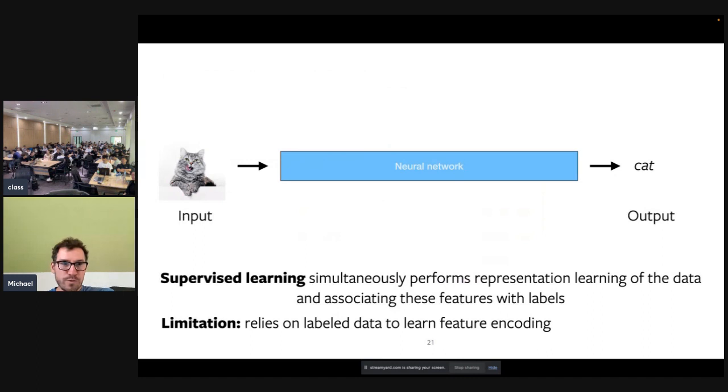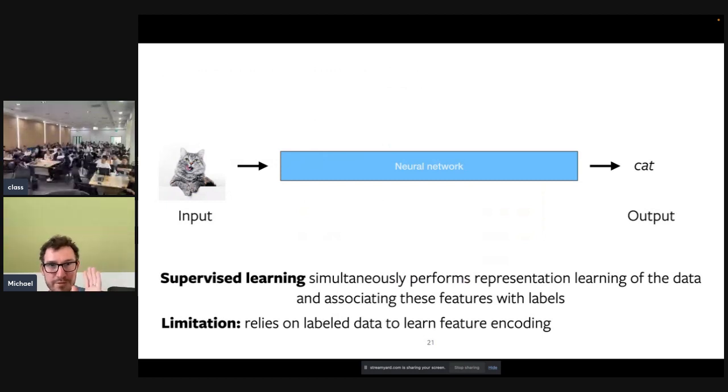So one way to think about supervised and self-supervised learning is that in supervised learning, we're trying to do two things at the same time. We try to simultaneously learn how the data looks, so how the input looks, how cat pictures or pictures in general look, and try to associate any kind of representation, and by that I mean the activations in a neural network, with a particular output, for example, a label like cat.